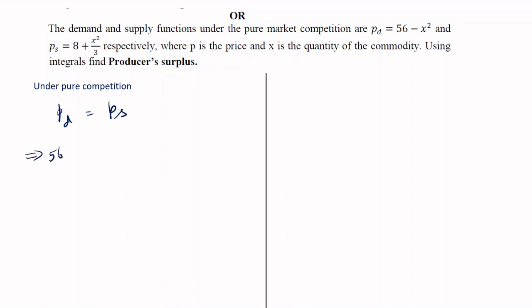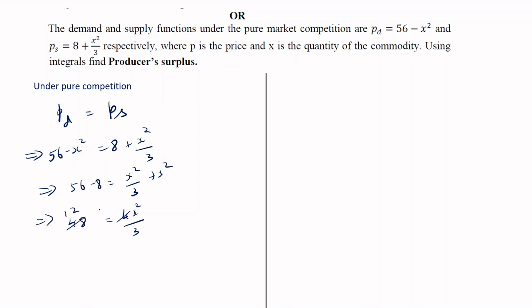So this implies 56 minus x square equal to 8 plus x square by 3. So from this we get 56 minus 8 equal to x square by 3 plus x square, or 48 is equal to 4x square by 3.